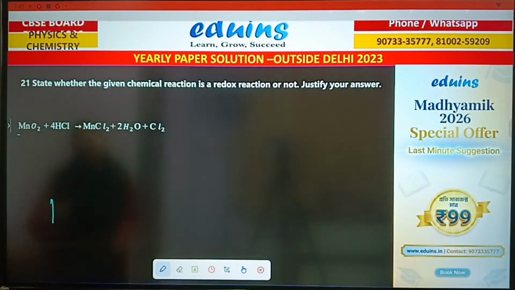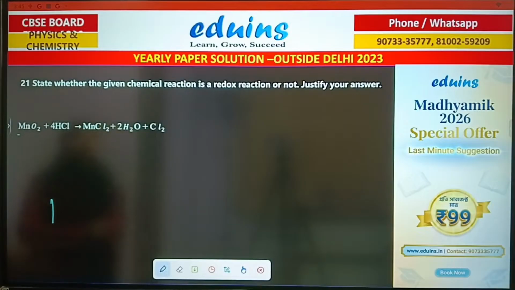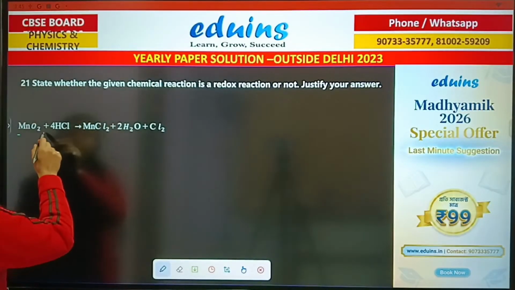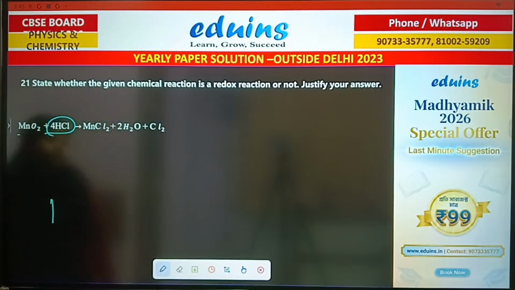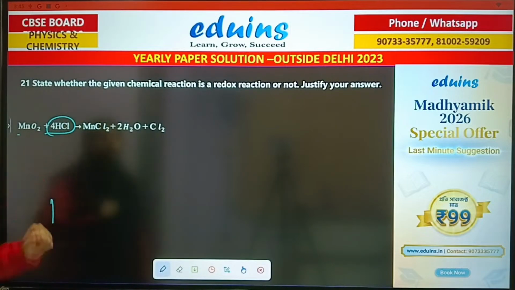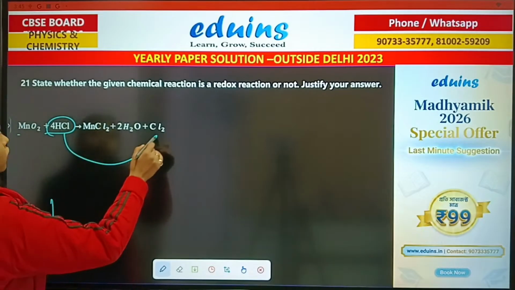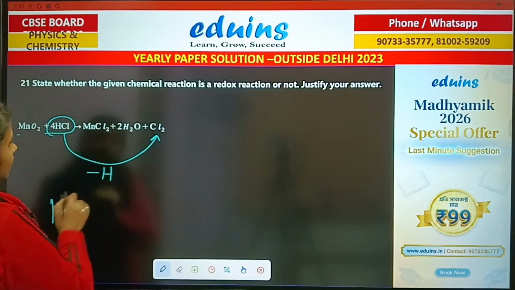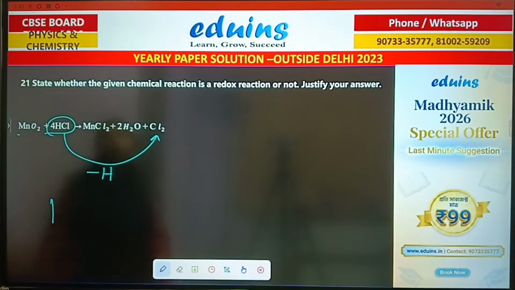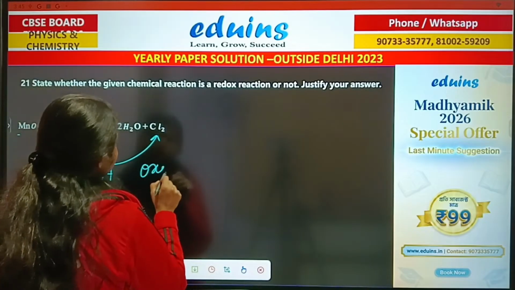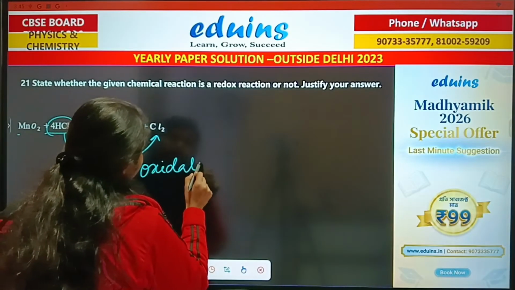So MnO2 plus 4HCl gives MnCl2 plus 2H2O and Cl2. Here in 4HCl, chlorine loses hydrogen. So this is an example of an oxidation reaction.